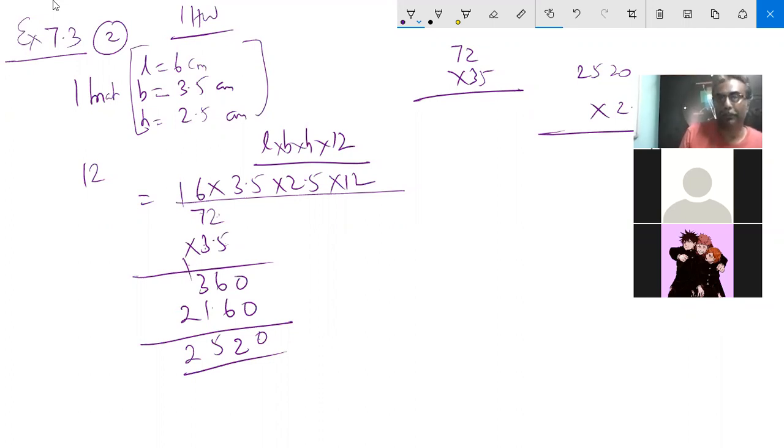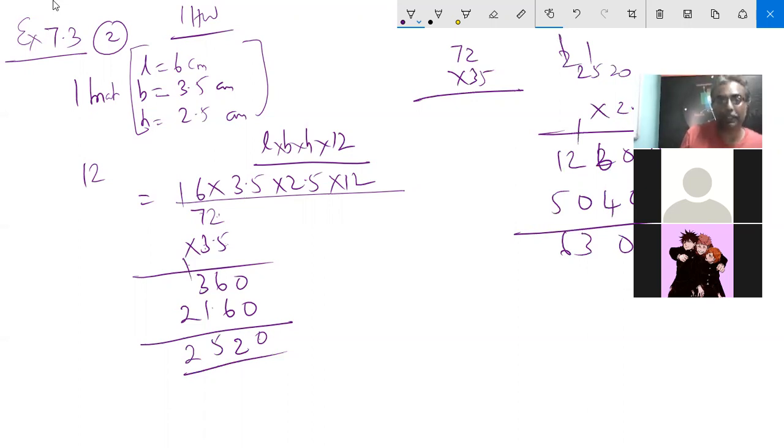Okay, 0. 2 5s are 10. 5 5s are 25, 26. 2 5s are 10, 12. Okay. And 2 zeros are 0. 2 2s are 4. 2 5s are 10. 2 2s are 4, another 5. 3, 6, 3. So what do you have? You have 1, 2.5.